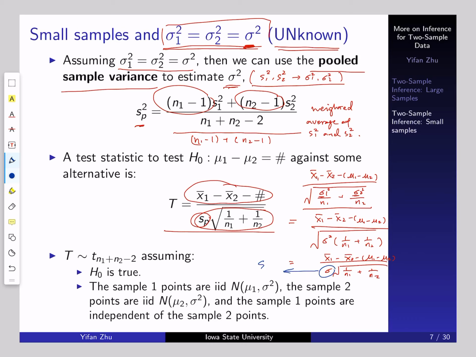So we use the pooled sample variance to estimate the unknown sigma. So we use the SP to replace the unknown sigma. And it turns out this test statistic will be a t distribution random variable.